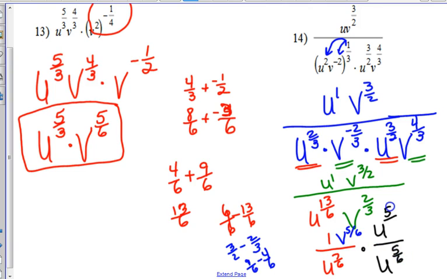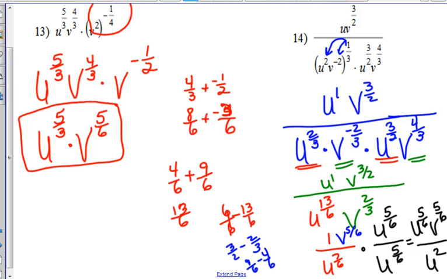Whatever we do to the bottom, we have to do to the top. So now we have a u to the 5/6, a v to the 5/6. I just wrote them in alphabetical order. And on the bottom, we have a u to the 12/6 when we add those, which is?